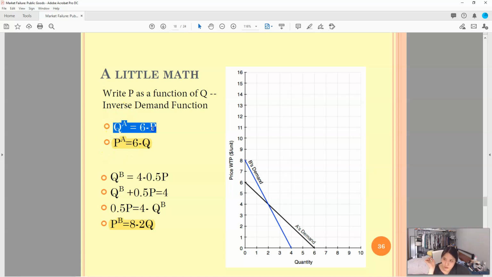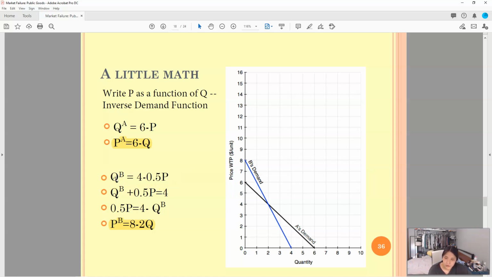We already have QA equals 6 minus P. Then we need to write down PA equals 6 minus Q. We call that the inverse demand function, or P as a function of Q. For B, we already know QB equals 4 minus 0.5P.